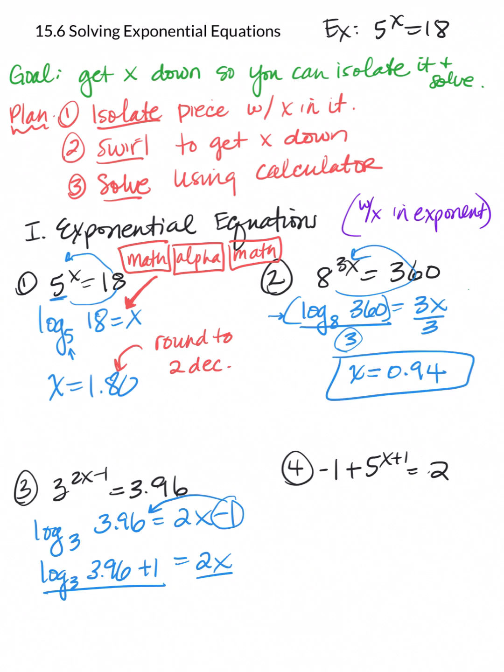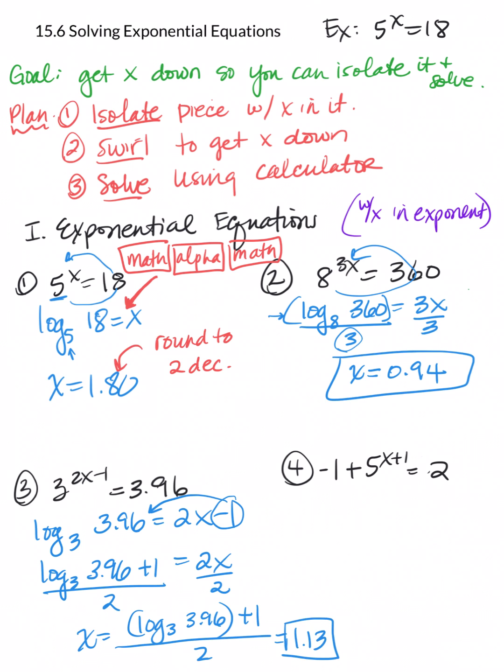Now I need to divide both sides by 2 to get x isolated. When I put that in my calculator, I'm going to do the log base 3 of 3.96, add 1, then divide by 2. So make sure you do that in steps in your calculator. When I did that, I got 1.13 when I rounded to 2 decimals. You try it and see if that's what you get.